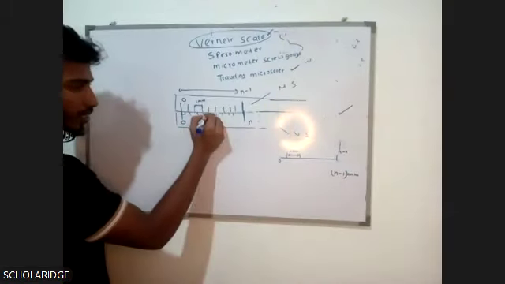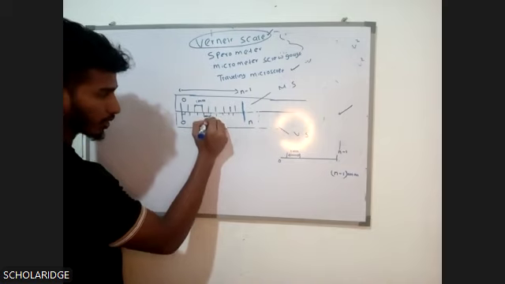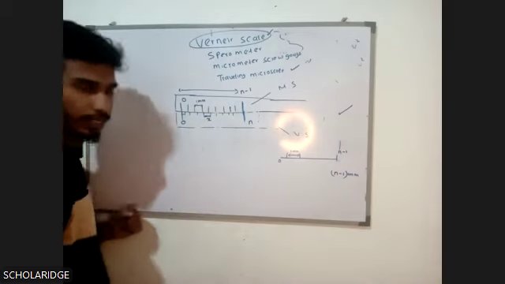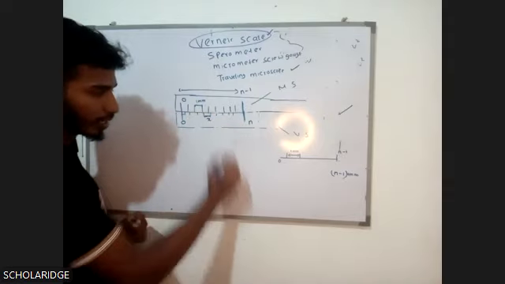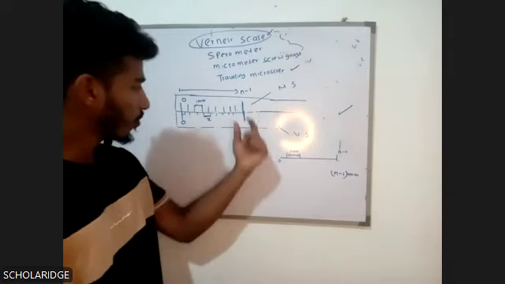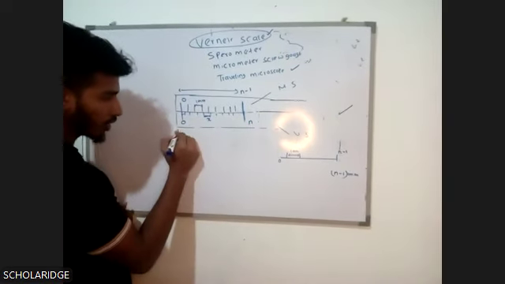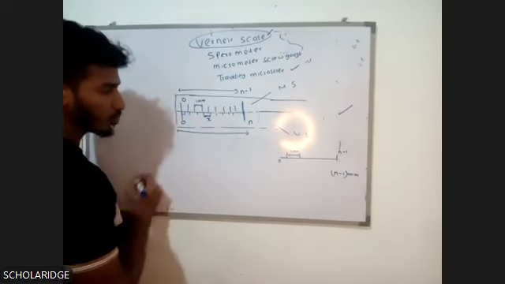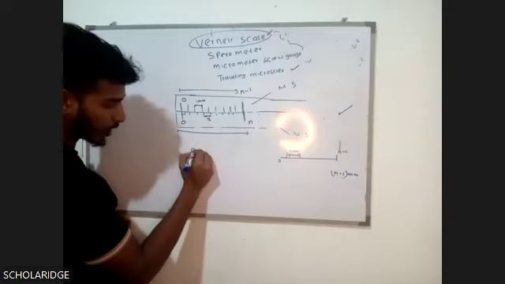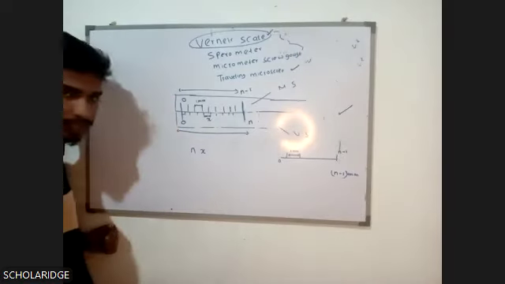So let's say the distance between the segments is x. We have n divisions along here, so this length has to be n into x.